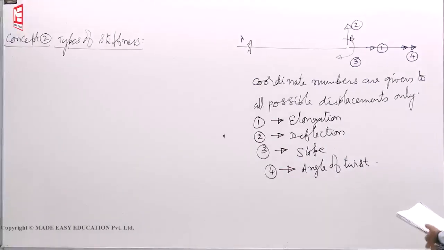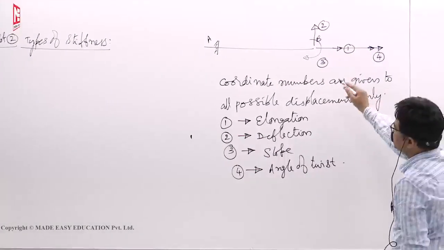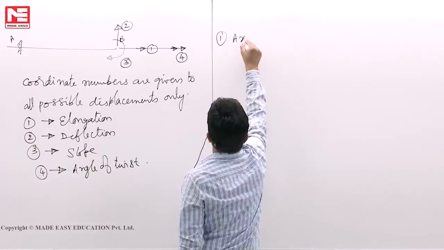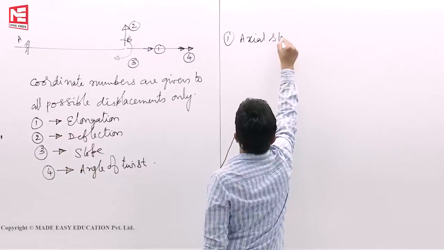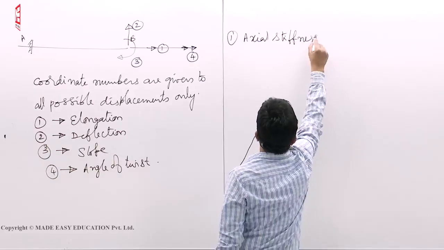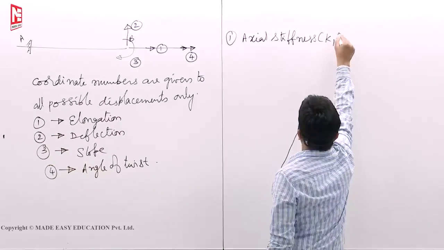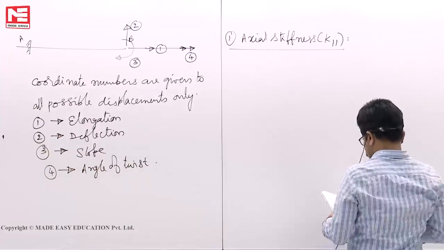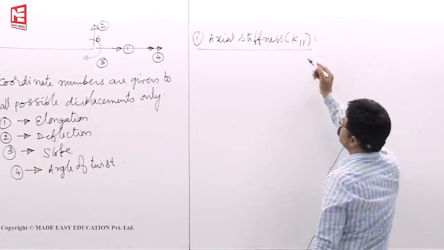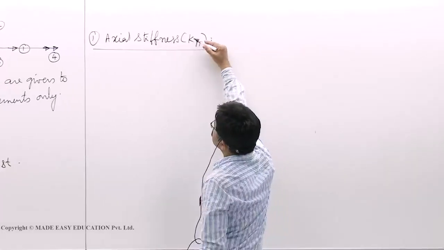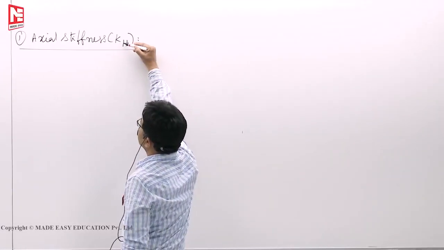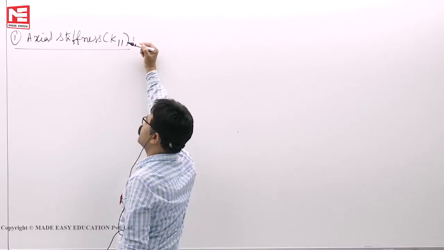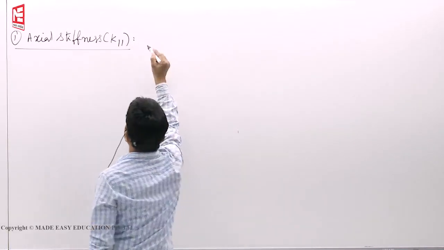Now you see, we want to find the first type of stiffness, which is axial stiffness. Axial stiffness, I call it K11. K11 means force required at coordinate 1 to produce unit displacement at coordinate 1. That's how we have to read.